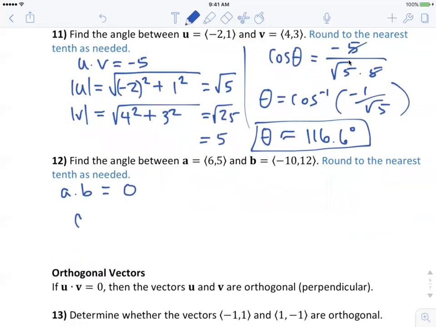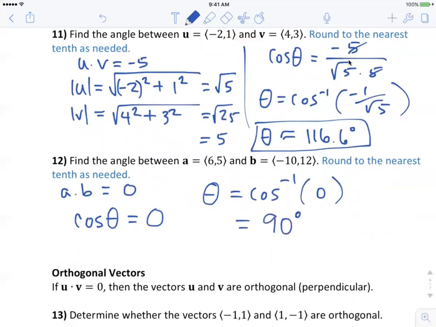So if I plug into my formula, cosine of theta is 0, right? And so that's going to be theta is cosine inverse of 0, right? And cosine inverse of 0 is 90 degrees. So these angles are at right angles to each other, right? Which leads to an interesting fact.